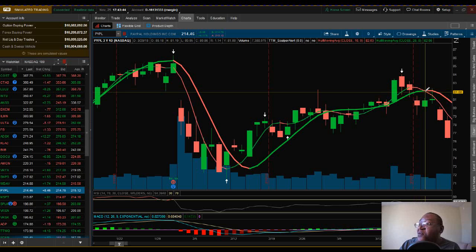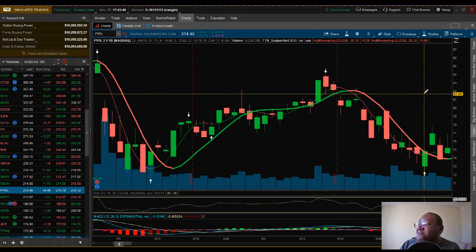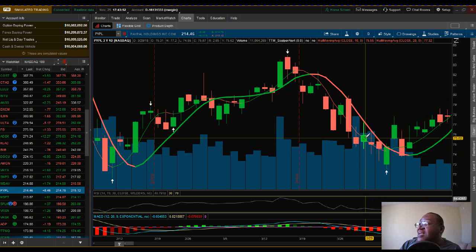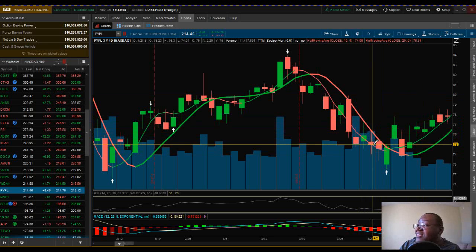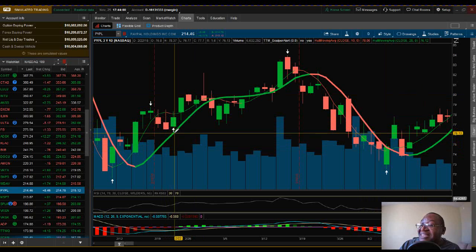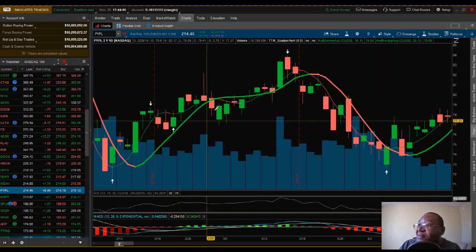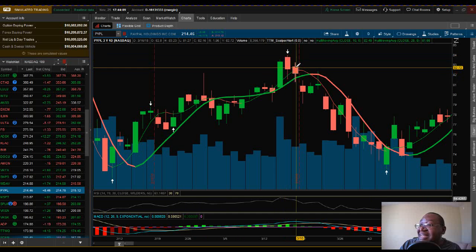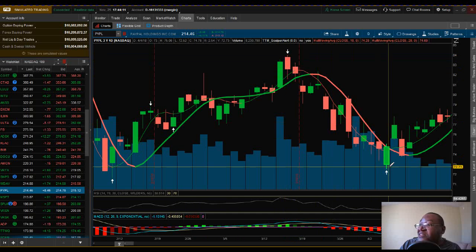And then of course, most of the time it's going to follow pretty close together, right? And here's something else that you also want to notice. The 10 Hull moving average moves very closely with the TTM scalper alert. Look at that. Here's an example. Here's a TTM scalper saying it's going down. The very next candle, it says it's going down.